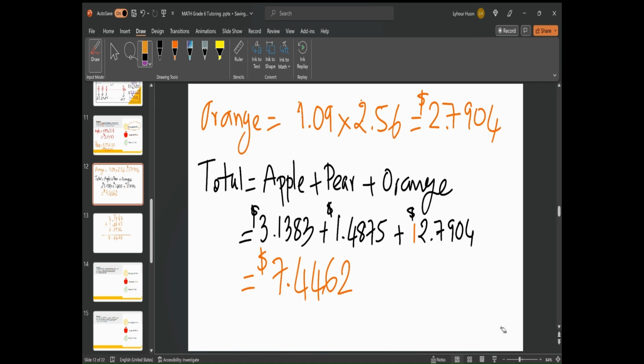Here's the thing: when we round, we want to have only two digits after the decimal because we only have cents. So when we want to round the cents number, we look at the nearest digit to the right, which is number 6.